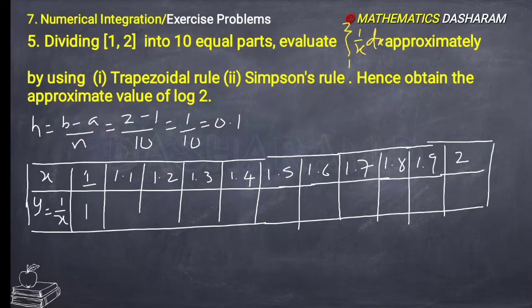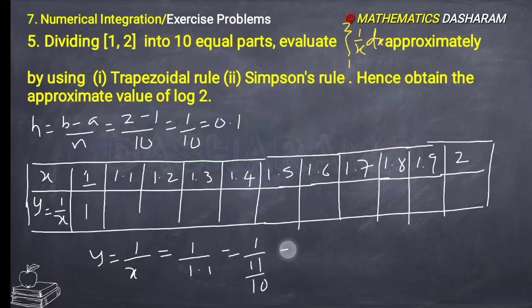Next x value 1.1, then its y value is 1 by 1.1. 1 by 1.1 means 10 by 11, which equals 0.90.